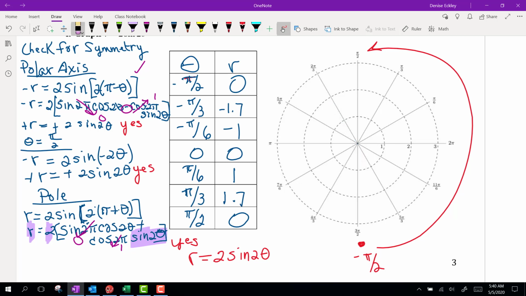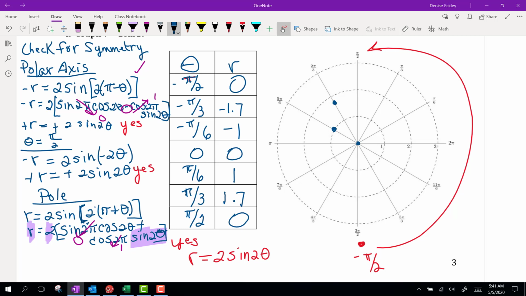All right, so let's start graphing. You'll see how this works. So at negative pi over 2, I'm at 0, and then at negative pi over 3, as I said, I would be over here, but the r is negative, so I would be around here. And then at negative pi over 6, I'm at 1, so taking that to the other side, it's here.